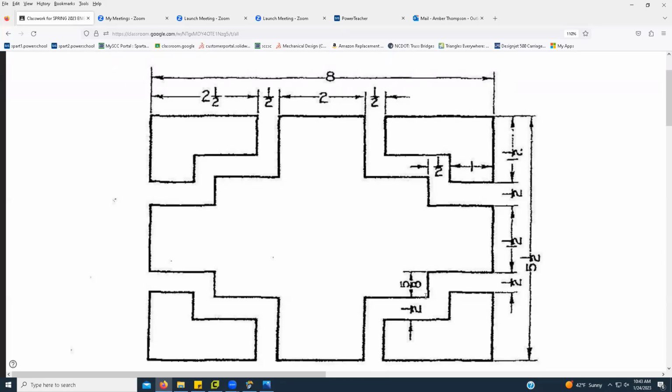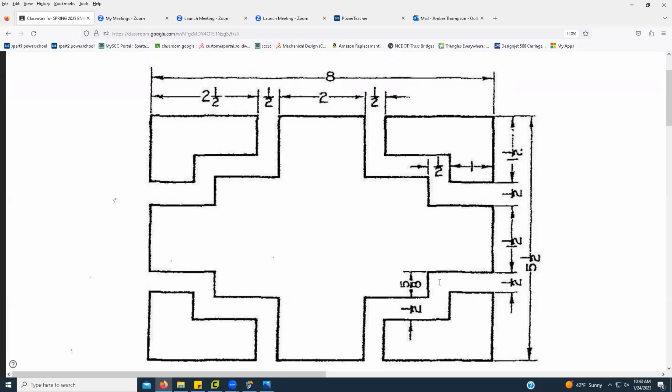So if we want to say that this is uniform 1/2 inch all the way across, then we know that this line that we said we didn't have a dimension for, it has to mirror the dimension that we have over here.